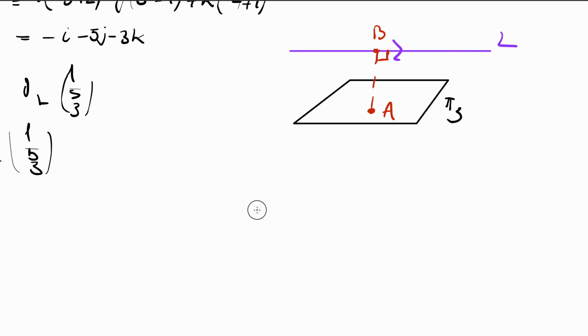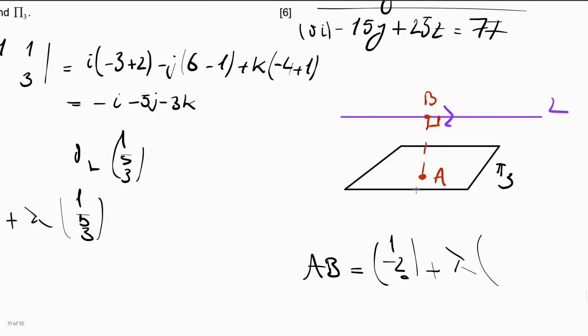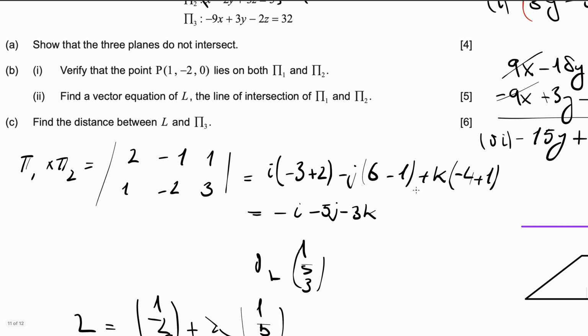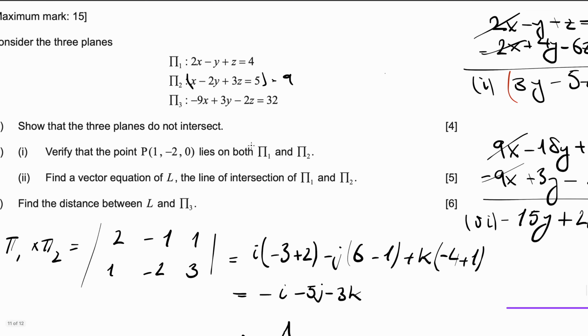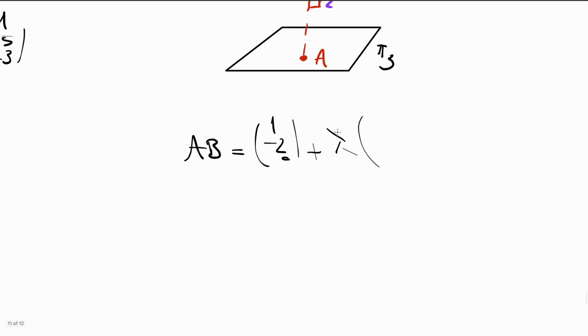If you want to write the vector equation of this AB, I have a point on line L, point P, so I can use that, (1, negative 2, 0), plus lambda times the normal vector of the plane P3, because this is obviously a normal. So negative 9, 3, negative 2.